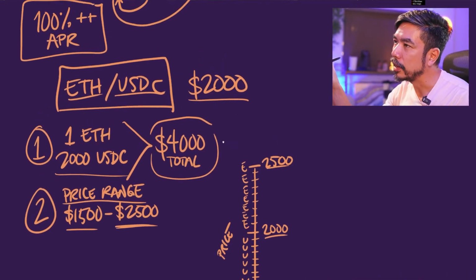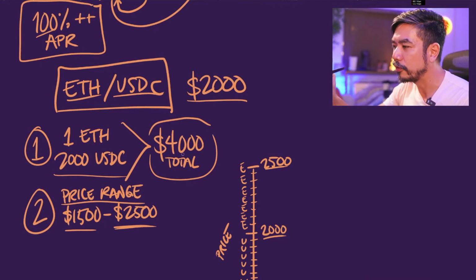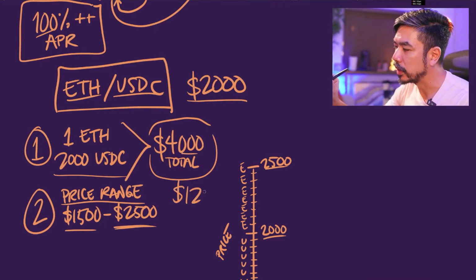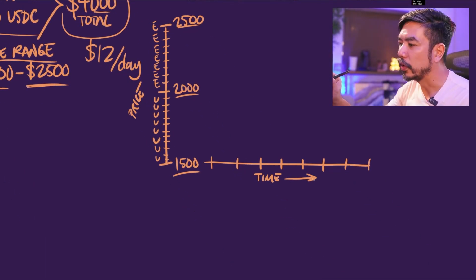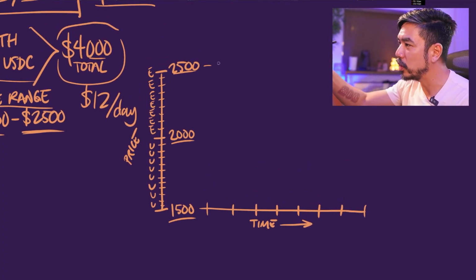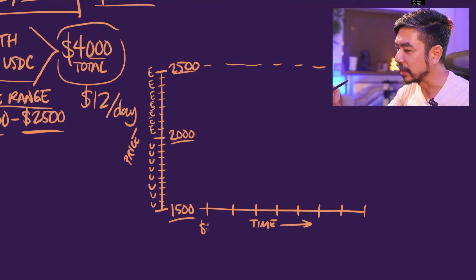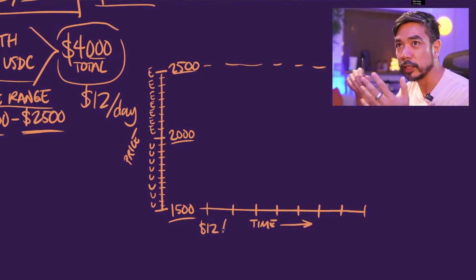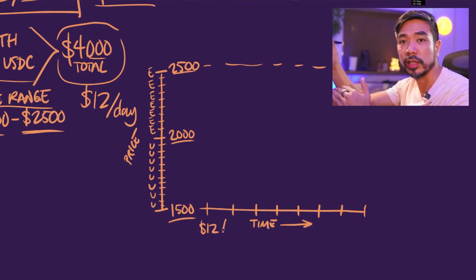That means that if you are looking at 100% APR and you had $4,000 in total, you stand to make $12 a day, right? And this is why the time scale matters, because for every day that you stay within our magic range, you make roughly $12.